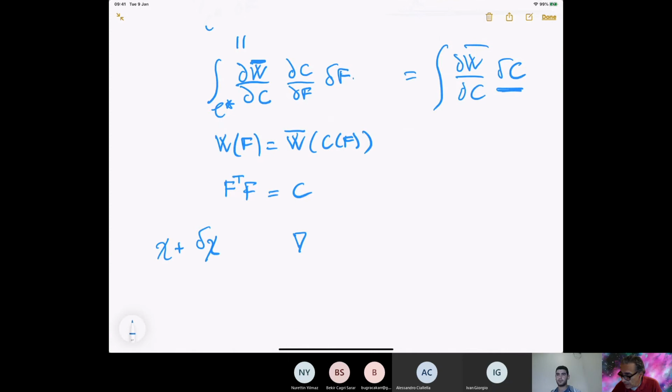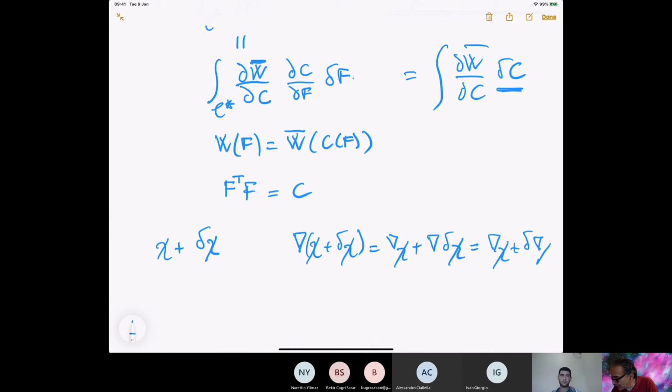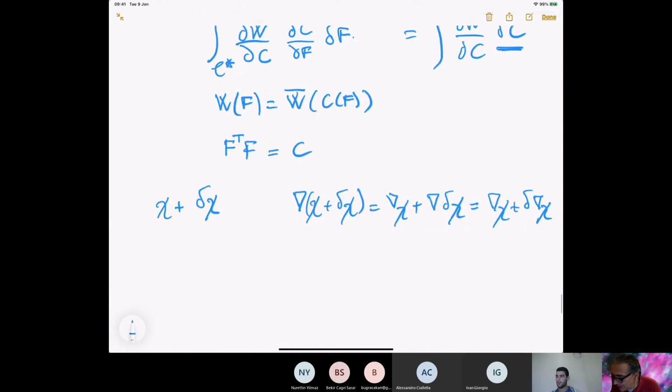Grad of k plus delta k is equal to grad k plus grad delta k, remembering that we can commute delta with grad. So this is f plus delta f.